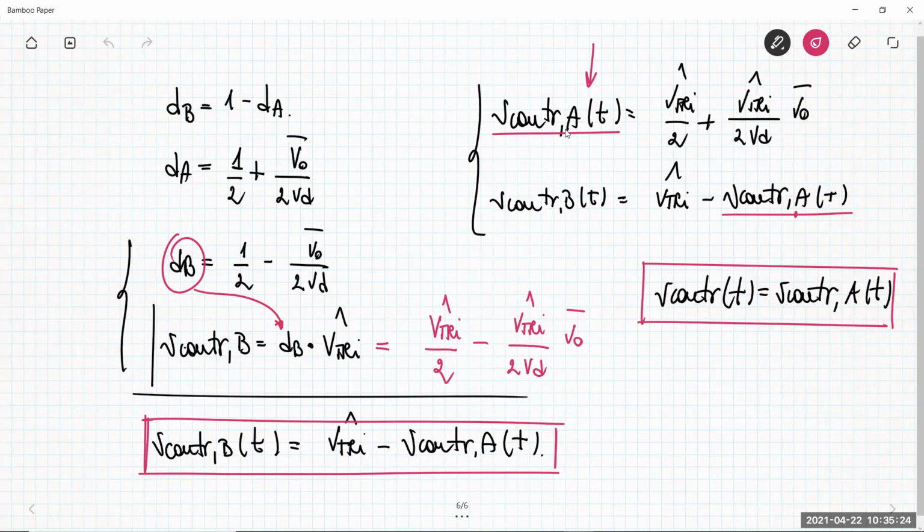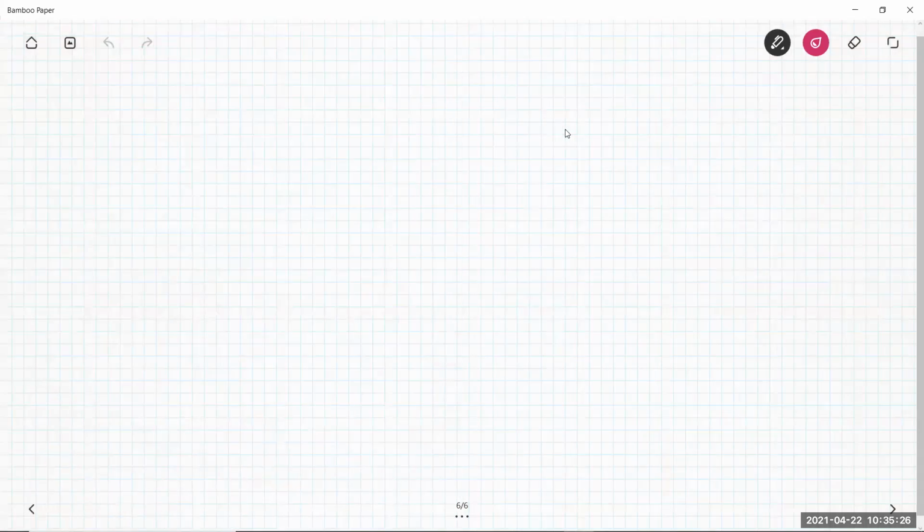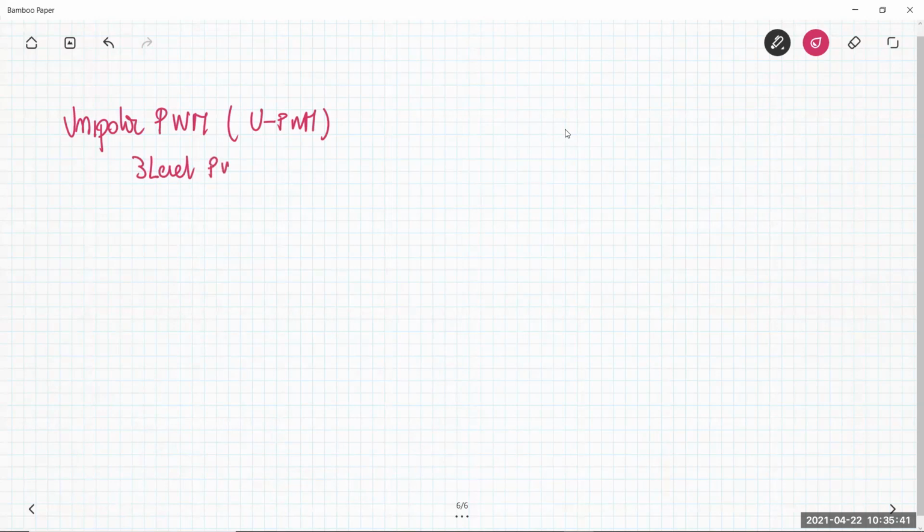So for the unipolar pulse width modulator, sometimes for short I can use UPWM. Remember that it is sometimes called three-level PWM.